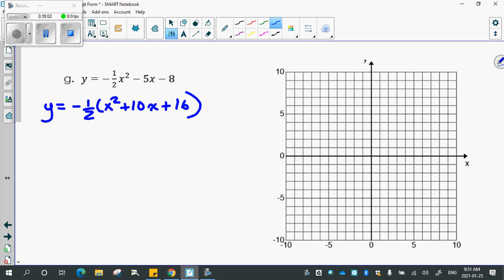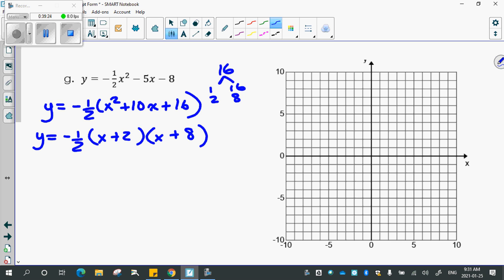And -8 divided by -0.5 is +16. Which means R1 should have been -2 and R2 -8.